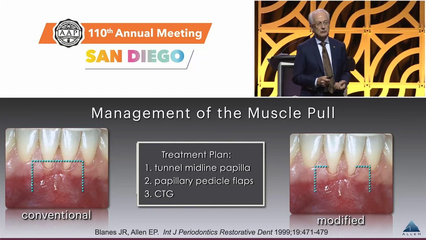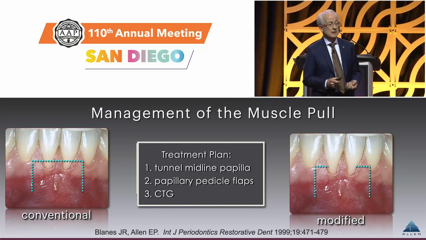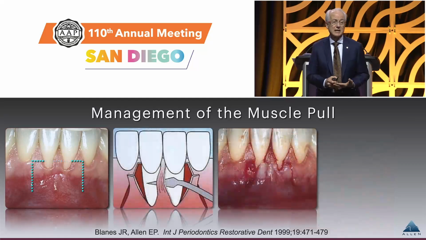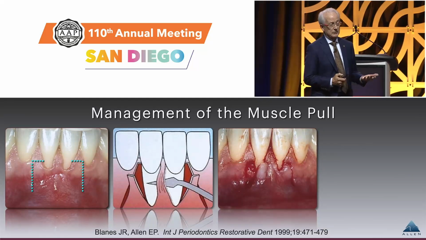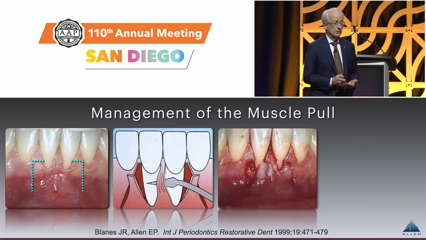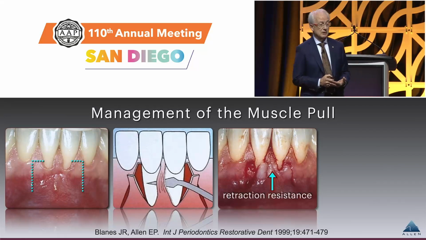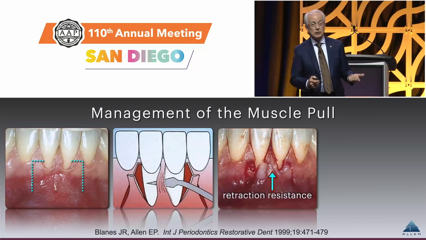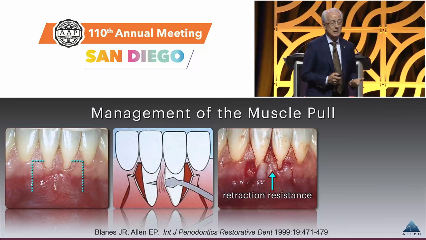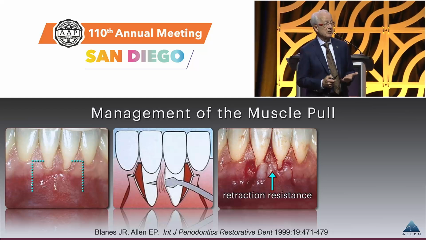Just make the incisions in the adjacent papillae, not the midline, drop the verticals, and then you have a tunnel and 2 pedicle flaps. This is a clinical view of that. You can see that midline papilla is providing retraction resistance, because in this view, I'm using cheek retractors, and you just see no drawback of that tissue. And you can swing those pedicles without tension to cover the graft that's over the avascular root.